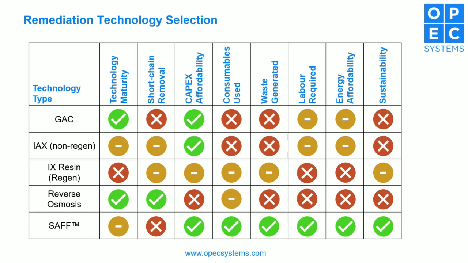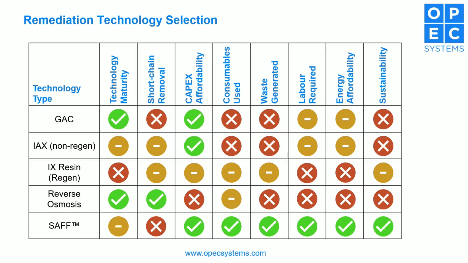If I move to the right-hand side, sorry to chop around a bit, this element of sustainability is really important for us. Just using air bubbles to remove PFAS is, we imagine, one of the most sustainable techniques you could come up with. It's hard to imagine a less harmful or intrusive technique.